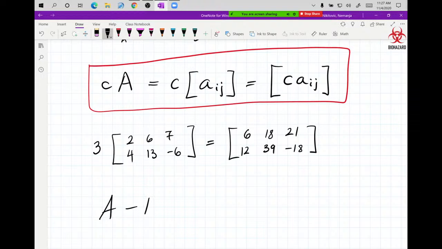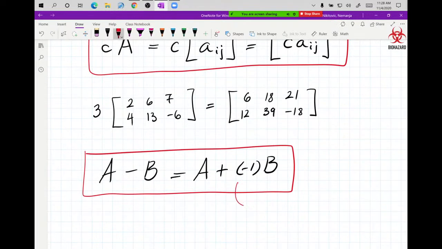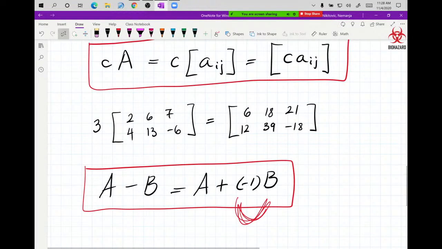So a minus b is actually a plus negative 1 times b. And this is your definition for subtraction, where you have multiplication by a constant here. Your c, from the upper definition, is negative 1, right?